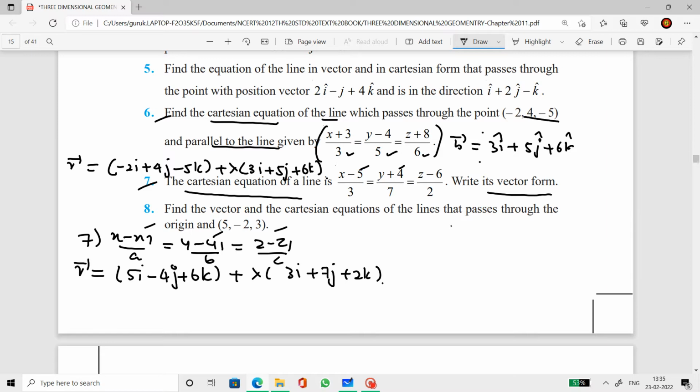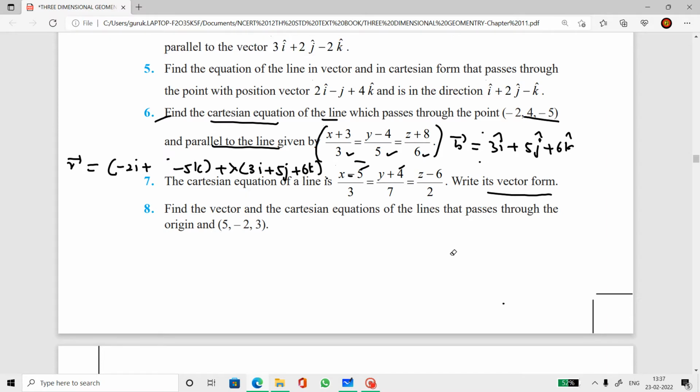So x1 is what? Here it is minus 5, so x1 should be 5 then. And here it is plus 4, so y1 should be minus 4. Z1, over here it is 6, so z1 should be 6. So this is how we get the passing through point, and the direction vector components are just the denominator terms. The vector equation and the Cartesian equation.